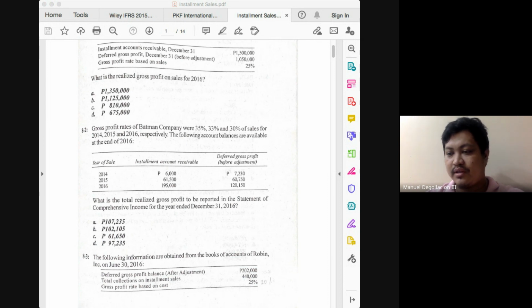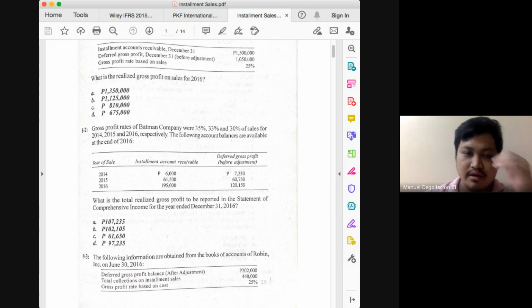It's actually 20,657 and change. You deduct the 6,000 ending installment receivable, you will get 14,657 and change. Then that would be your collection for the year, and then you multiply that with your markup rate of 35%. You would still arrive at 5,130.